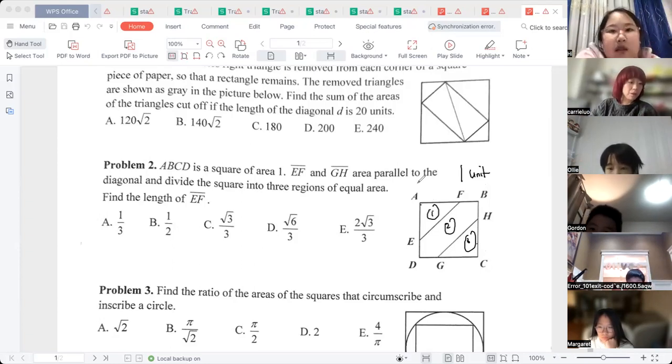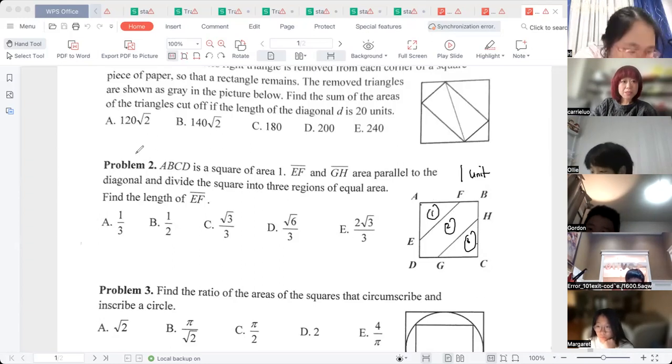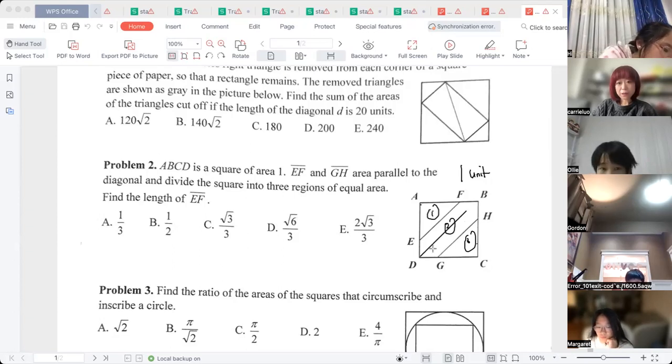So if we connect BD, BD is the diagonal of ABCD. Sorry, my pen is not working very smoothly. I'm just saying AE equals AF equals a. Can we do that? So we know that the shaded area has been cut into 1/3, correct?